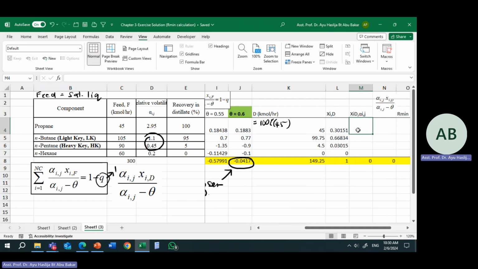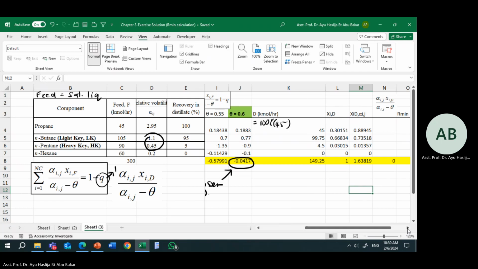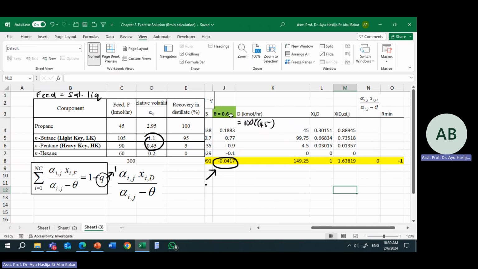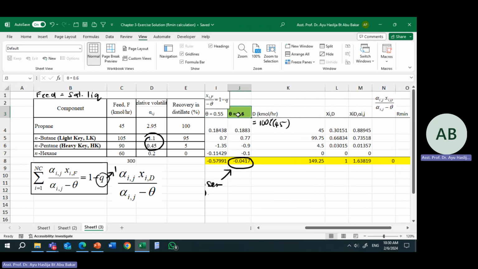Then from there, the mole fraction of the distillate multiplied by the relative volatility. Theta just now we chose as 0.6, so plug 0.6 into the equation.